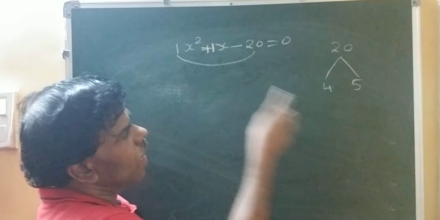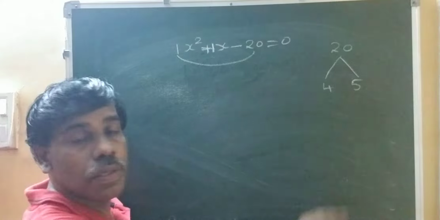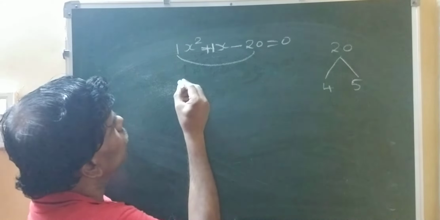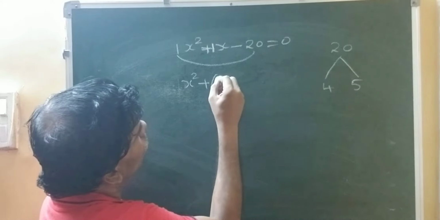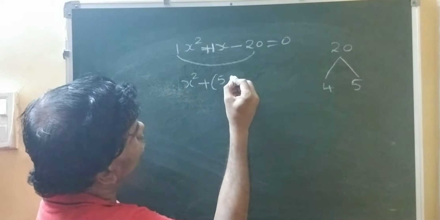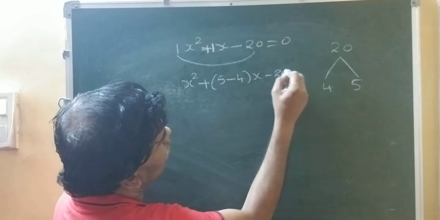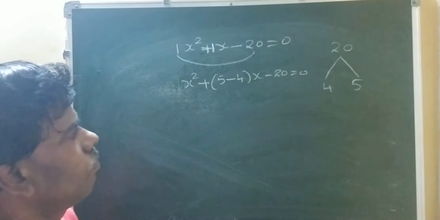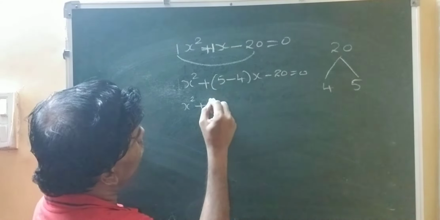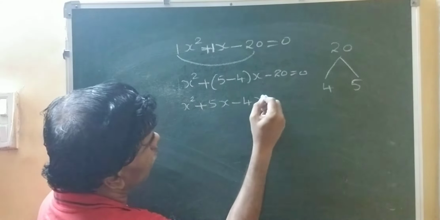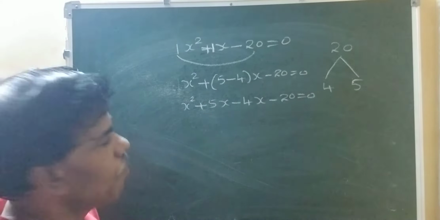When you get 1, if you add you will get 9, if you subtract you will get 1. So x square plus 5x minus 4x minus 20 is equal to 0.